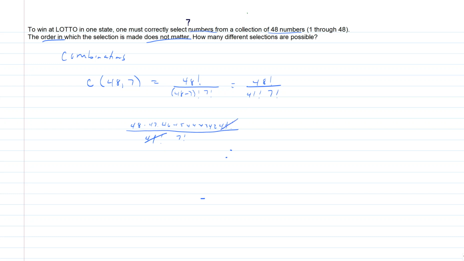And so then I'm going to be left with 48, 47, 46, 45, 44, 43, 42 divided by 7 factorial, which is 7 times 6 times 5 times 4 times 3 times 2 times 1. So like I said, this is a little bit smaller. You can multiply those out and then divide them. Some students will cancel a little bit, like 7 times 6 will cancel with the 42 and so forth.